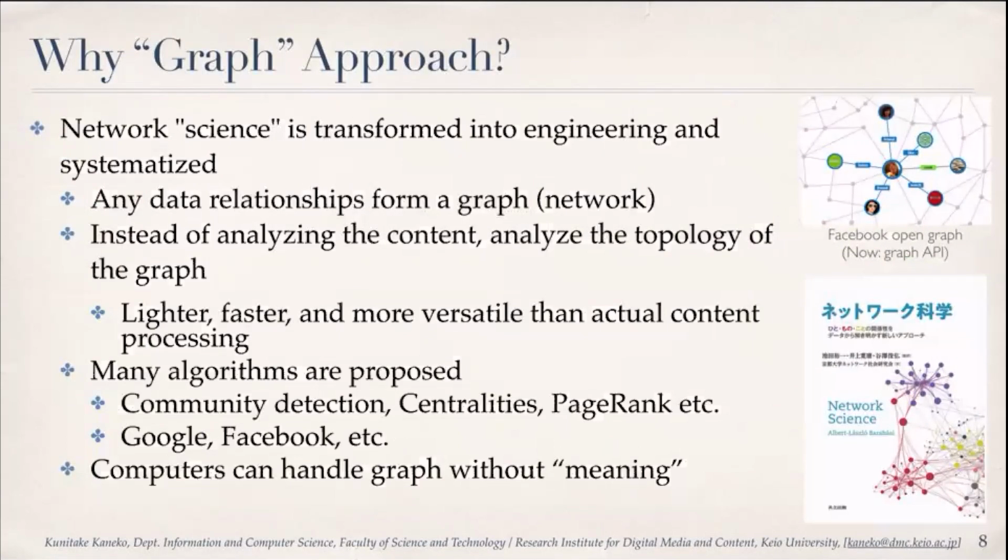So why did I take this graph approach? Because there is a huge academic research area of network science. First, it is a totally different order of processing compared with content analysis itself.